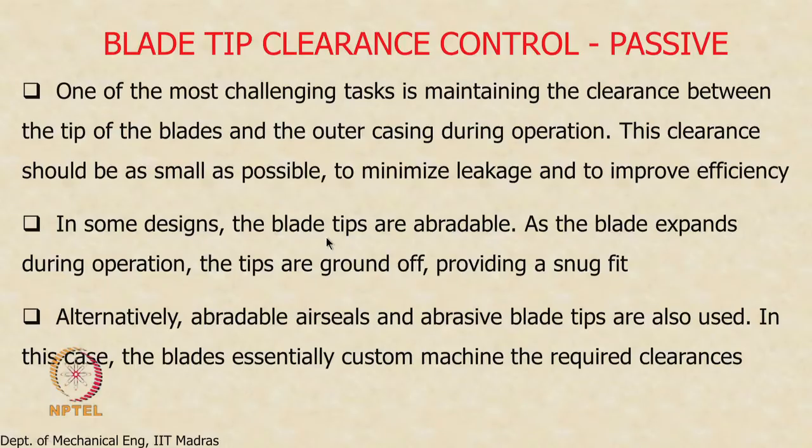What is normally done is in certain designs, the blade tips are actually abradable, and remember the cold end is at a temperature, let us say at sea level, of 300 Kelvin. The hot end is going to be at a much higher temperature.